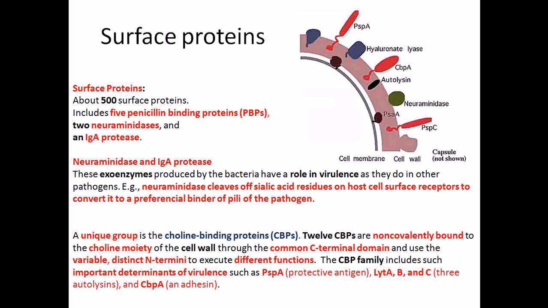PspA acts as a protective antigen to help them against different immune system cells. LytA, B, C helps them to degrade and lyse several regions of our tissue to spread the infection, and CbpA helps them to adhere to the surface of the host tissue prior to engulfment of that bacteria inside.